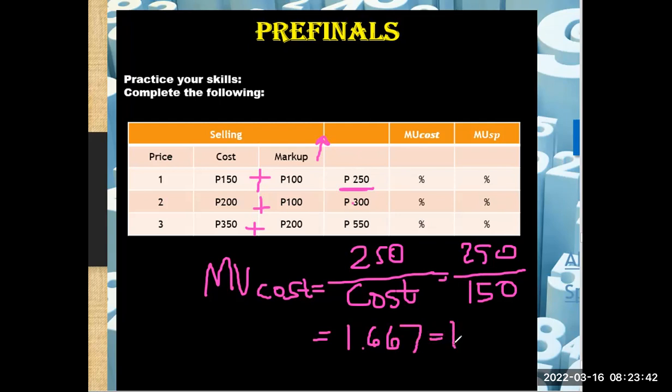This is 166. Move again 2 places. 166 point 67, round up, percent. So we have 166.67%. Next.